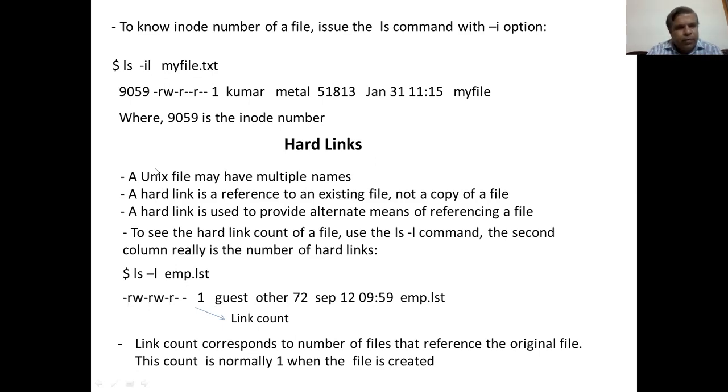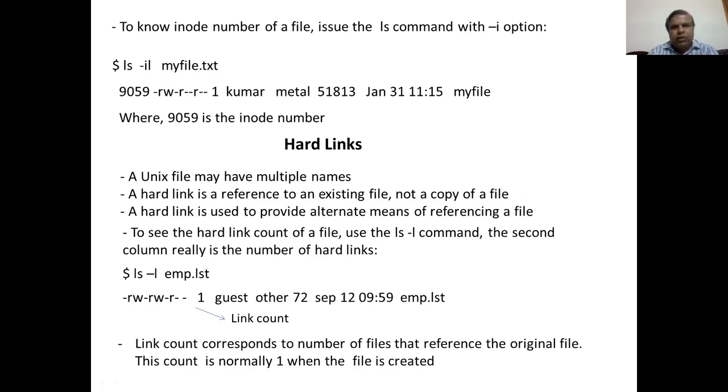That means a Unix file may have multiple names. I can give an additional file name to the original file name. So what is a hard link? A hard link is a reference to an existing file, the original file, not a copy of the file.